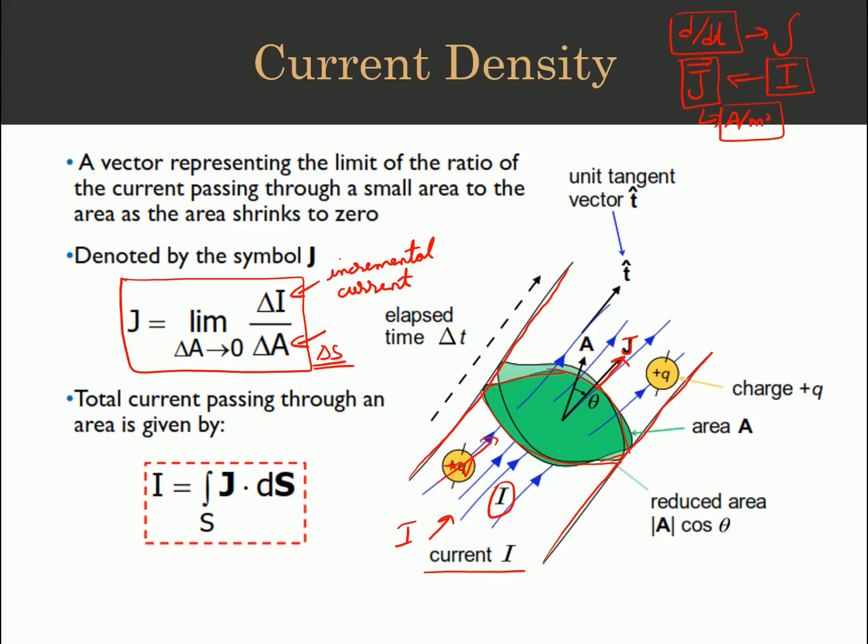So the rate of change of incremental current per unit incremental surface is known as current density, and if we apply the limit where the area gets smaller and smaller, this means that this green region may move inwards towards a certain point when the value of the area tends to 0. This means that we can focus on a specific point inside the conductor. So this is what the limit is saying. Generally speaking, current density is the rate of change of small current per unit small area, represented by delta A, or in some books in the literature, delta S. So this is the current density.